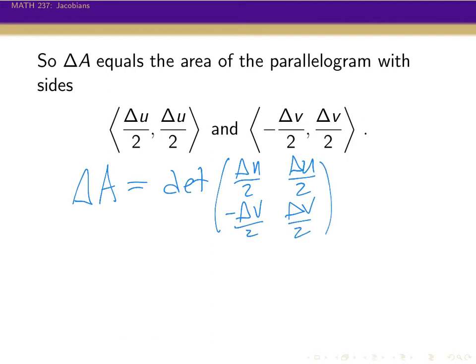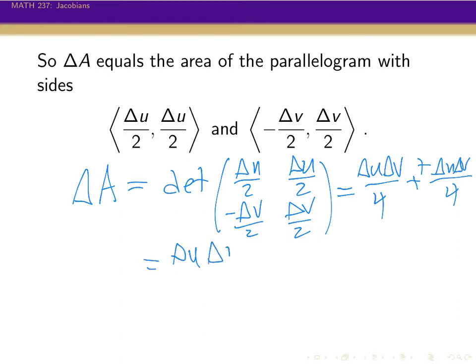Now, 2 by 2 determinants, this is a bit easier. So this is going to be delta u, delta v over 4, minus, but then there's another minus sign, delta u, delta v over 4 again. And so, again, this turns into delta u, delta v over 2.